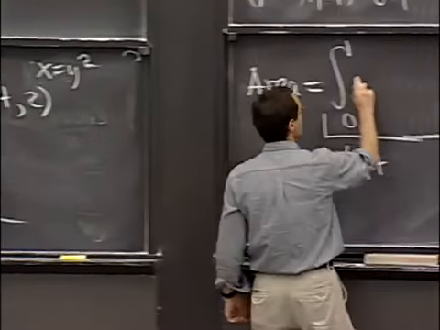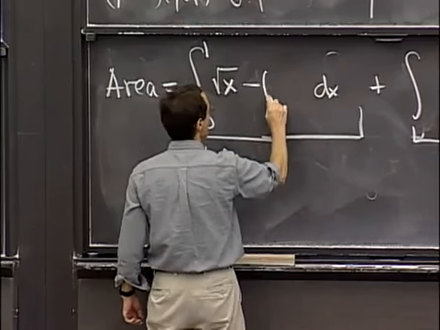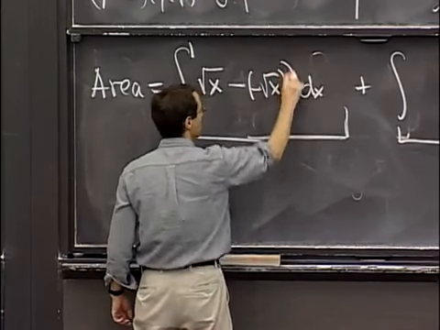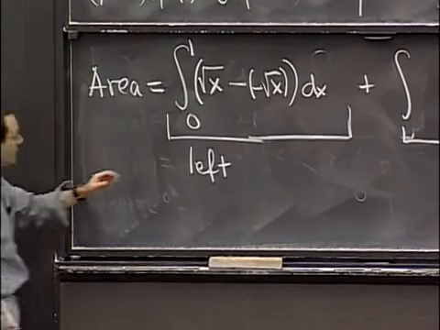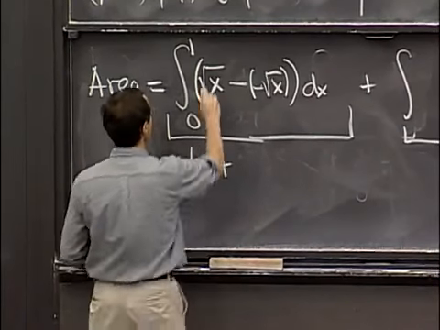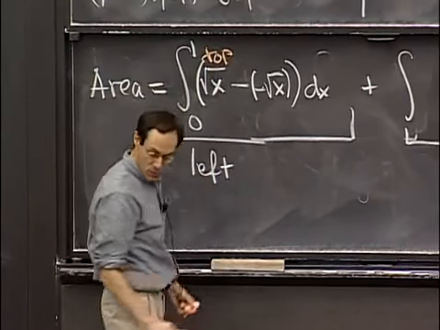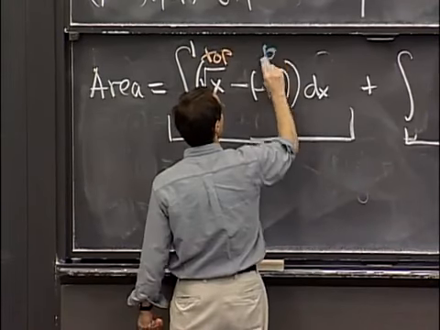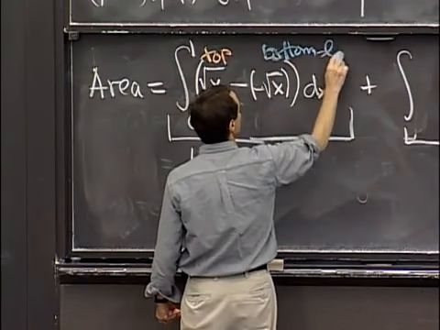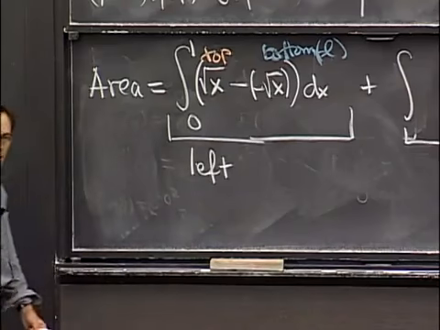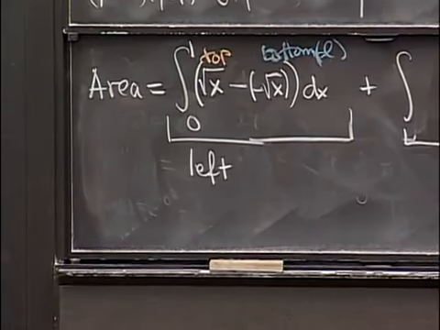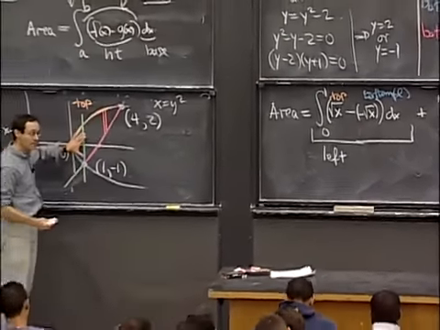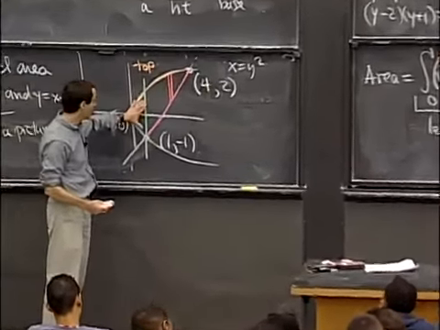So that is square root of x minus negative square root of x. Again, this is what I called top, and this was bottom, but only the left. All right, I claim that's giving me the left section of this diagram.